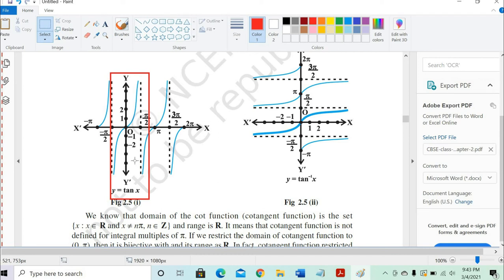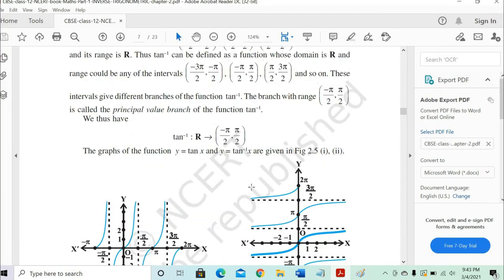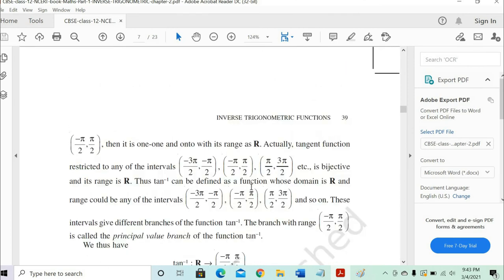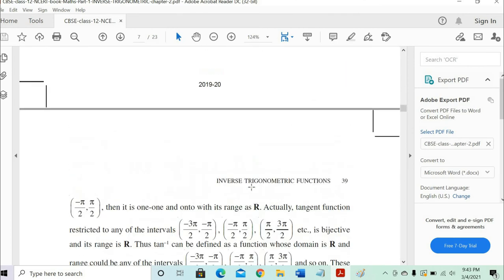Excellent. Now let's draw the second part, y is equal to tan inverse x. This graph, correct? Wait.